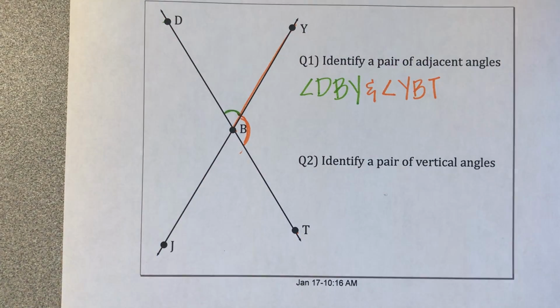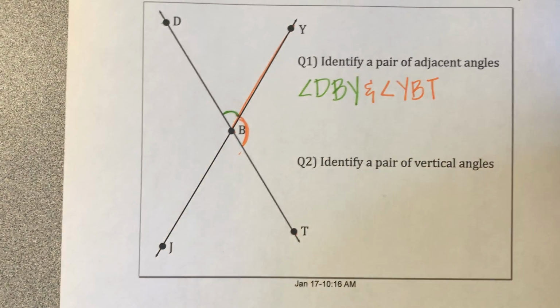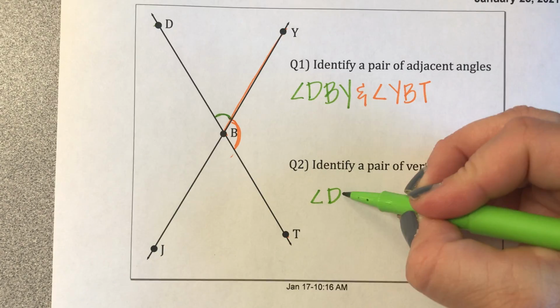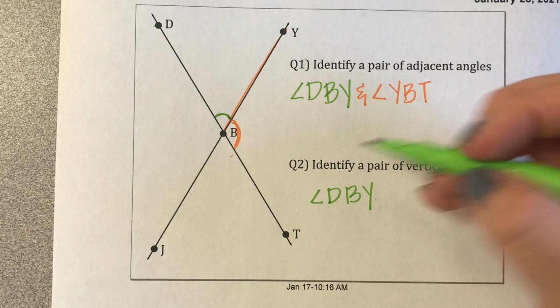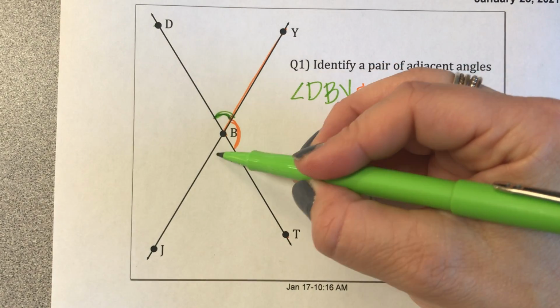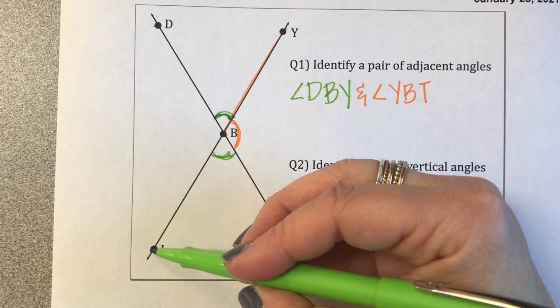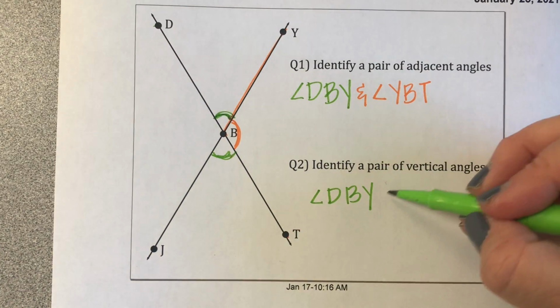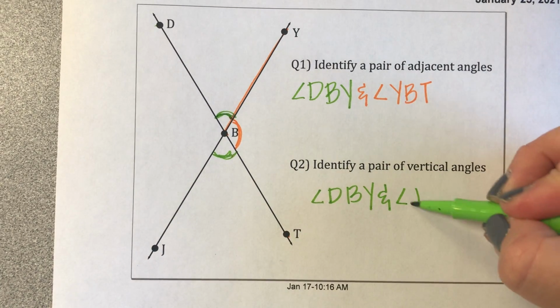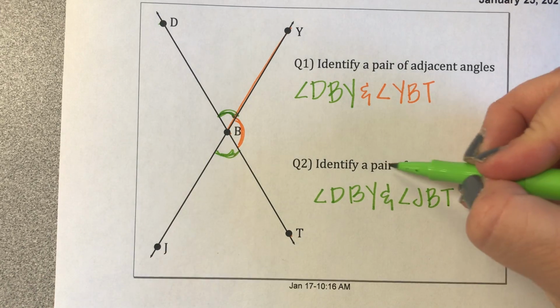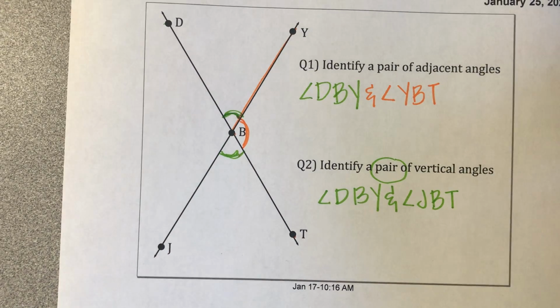So vertical angles. I'm going to use my same first angle, angle DBY. So now what angle is directly across from it? Angle JBT. So we want to make sure that if it says a pair, a pair is 2. Make sure if it asks you for a pair of angles, you're naming both.